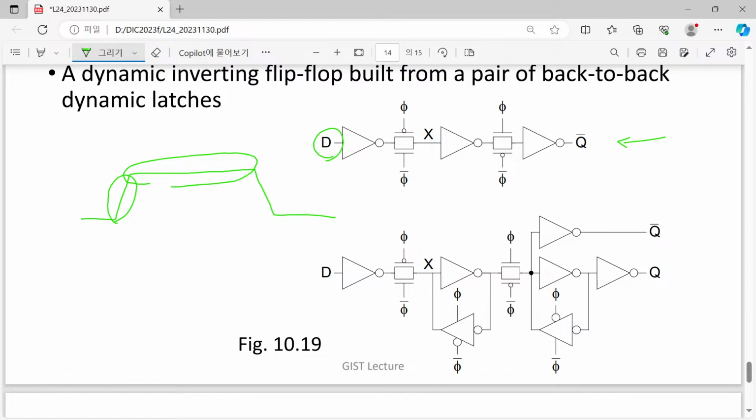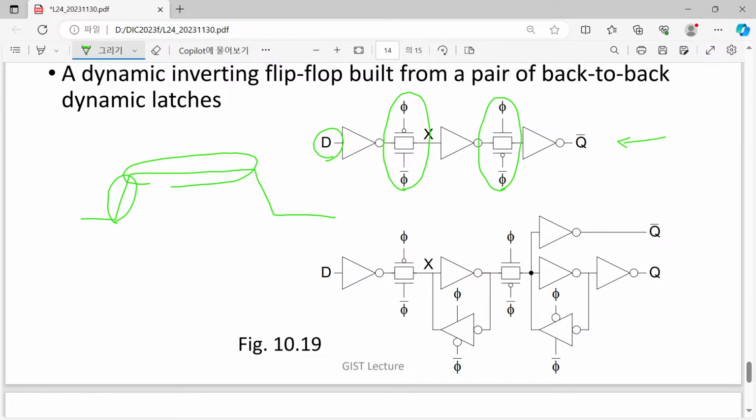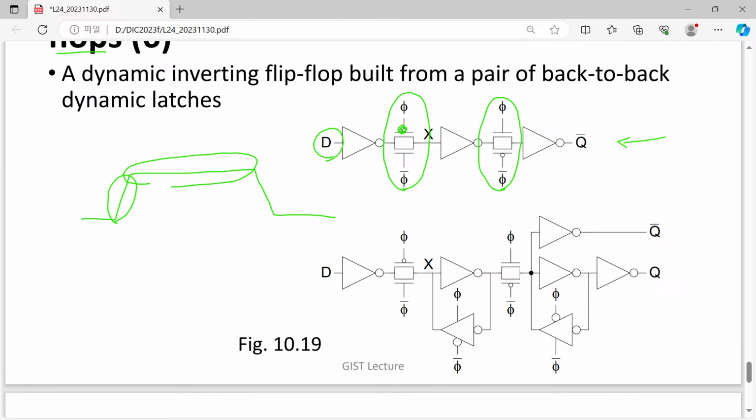Here we have two serially connected transmission gates basically. Although they look quite similar, please note that here the bubble is located here and the bubble is located here.